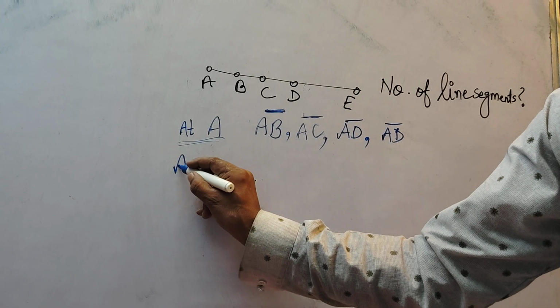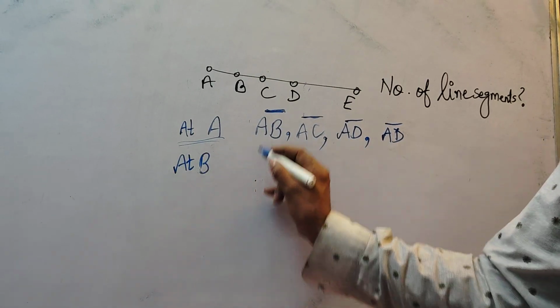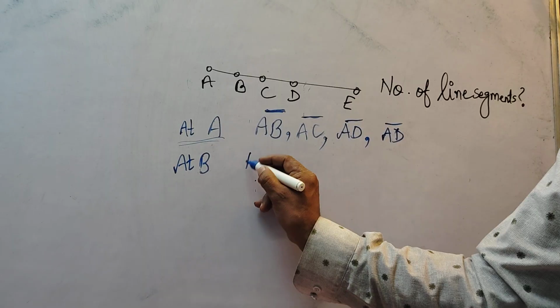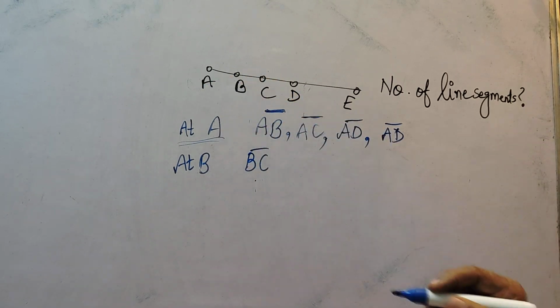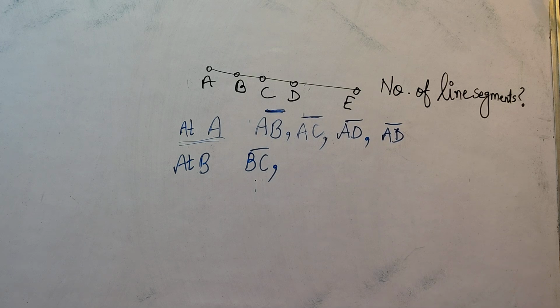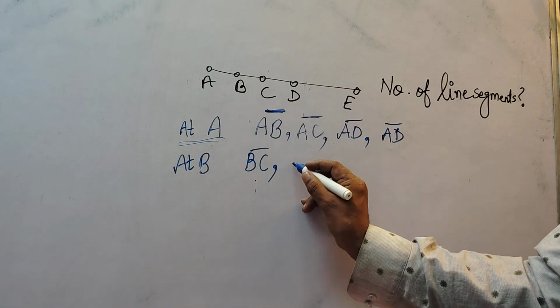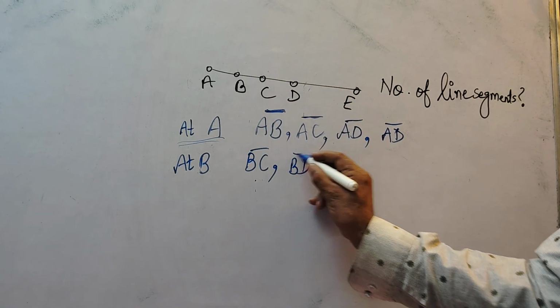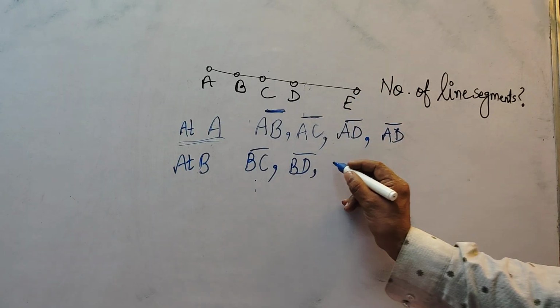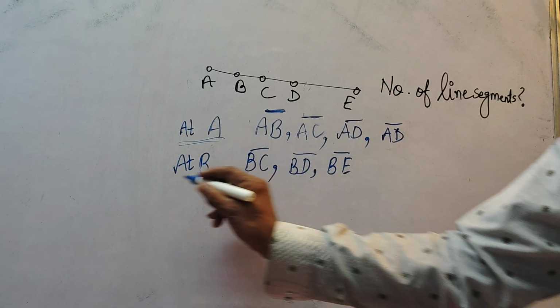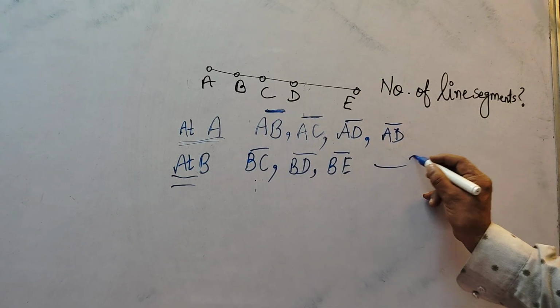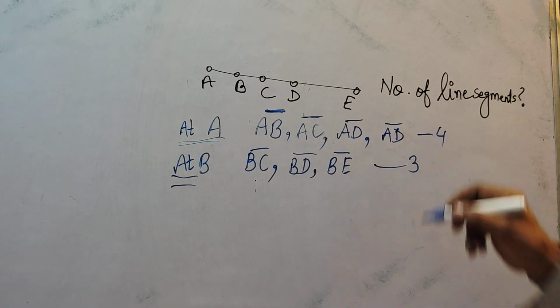Now from B, at the B vertex, we can say first line BC. BA is the same thing as AB, so we eliminate it. Next is BD line segment. Next is BE line segment. So at B there are 3 line segments, at A there are 4.